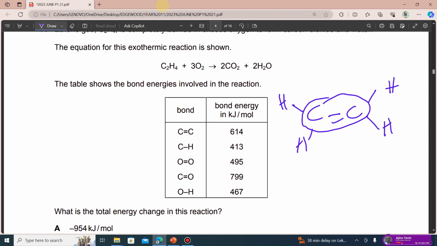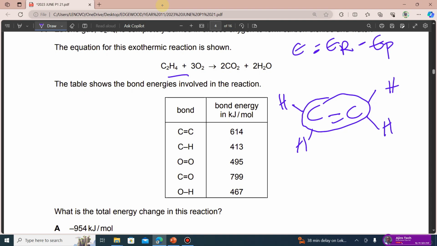Before we move into the breakdown of the energies, for an exothermic reaction, it is simply the energy required to form the bonds minus the energy required to break the bonds. So the energy change is the energy of the reactants minus the energy of the products. That is how we are going to obtain the change in energy in this case.